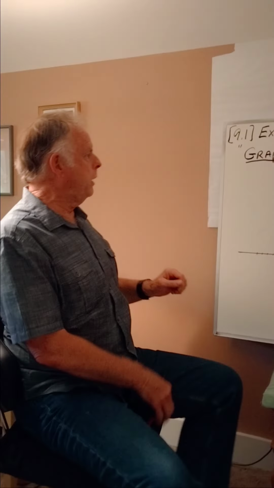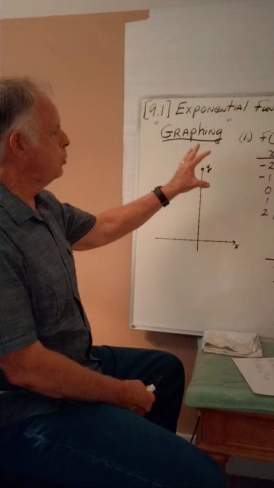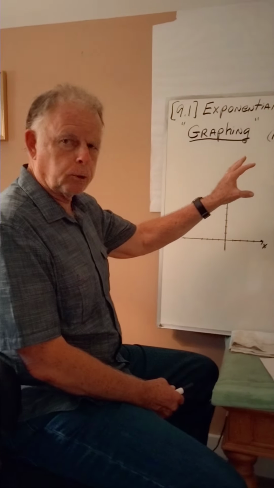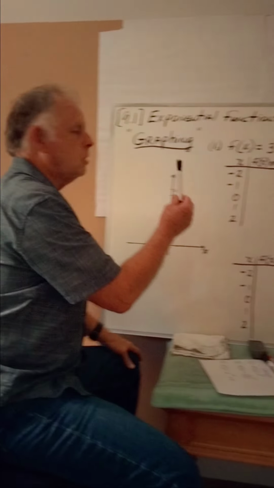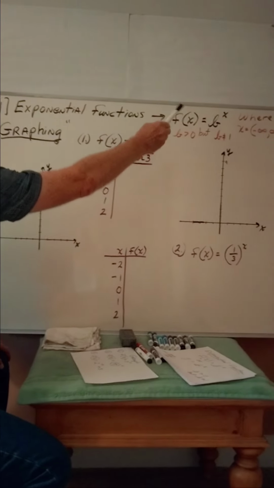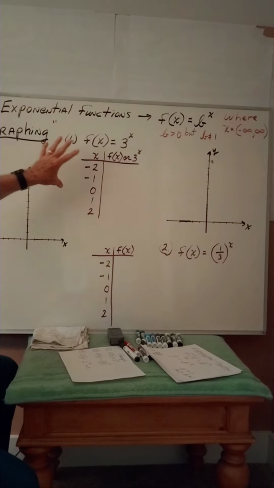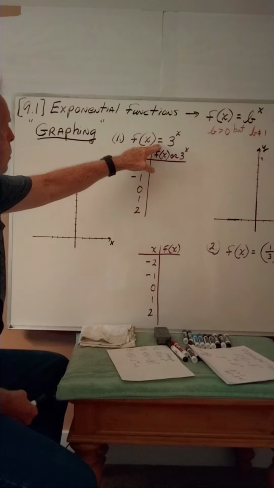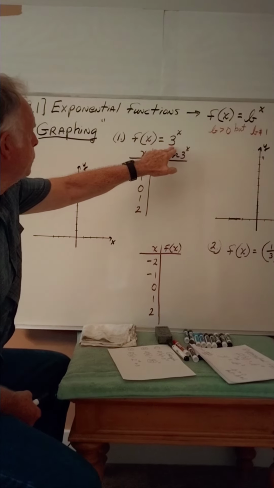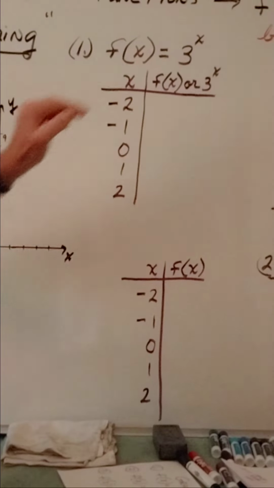Now, the primary focus in 9.1 is to take some exponential functions. We're going to be doing 3 of them, but 2 of the 3 are going to be written in the form that we've already discussed. The first one that we're going to look at is f of x is equal to 3 to the x. The 3 is the base.